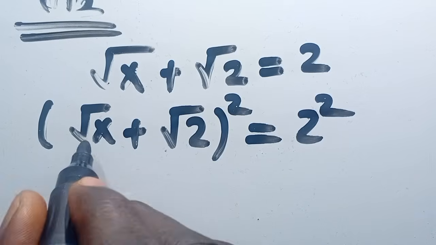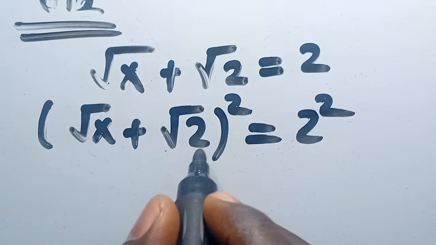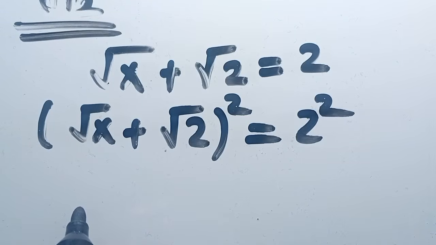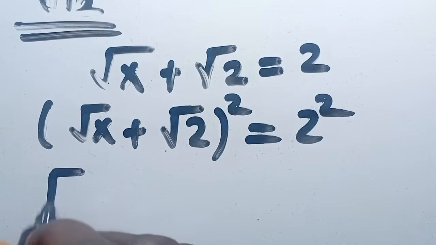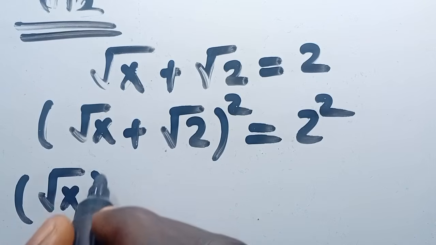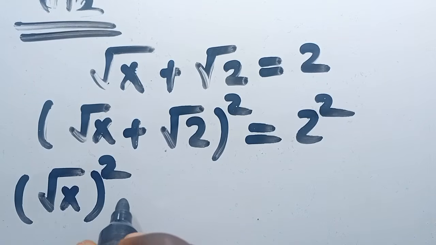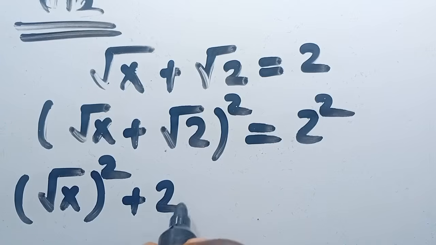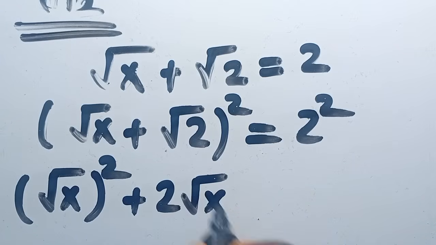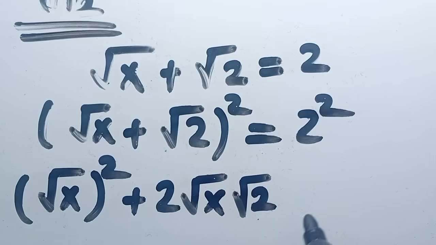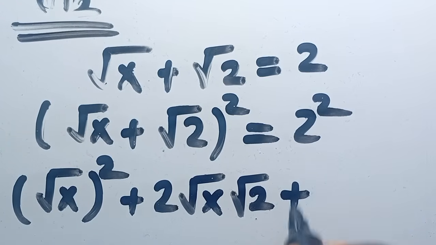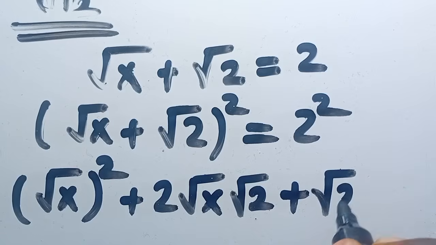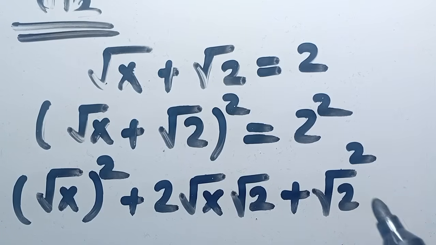Then from here we expand this as root x squared plus 2 times root x times root 2, then plus root 2 squared.